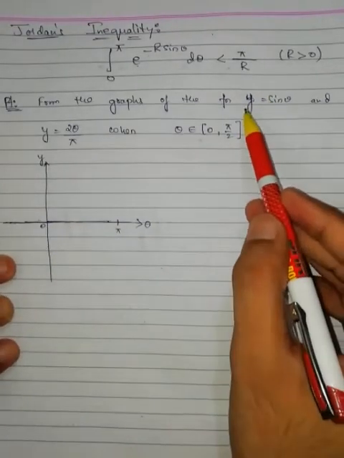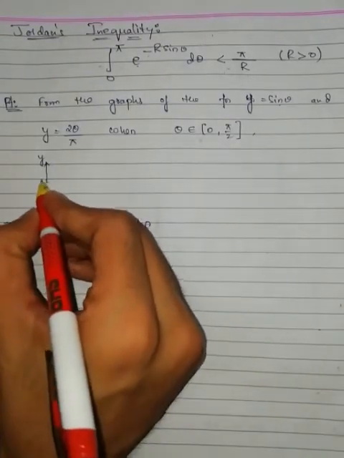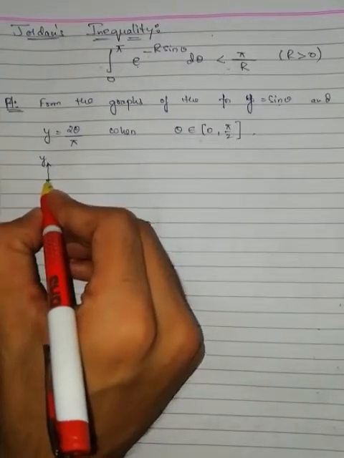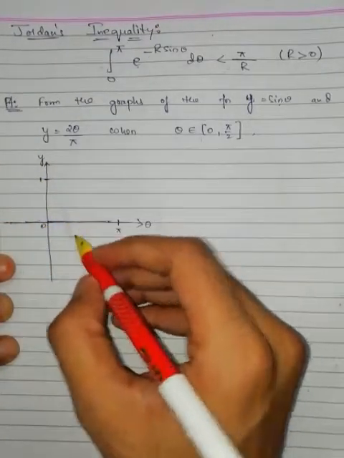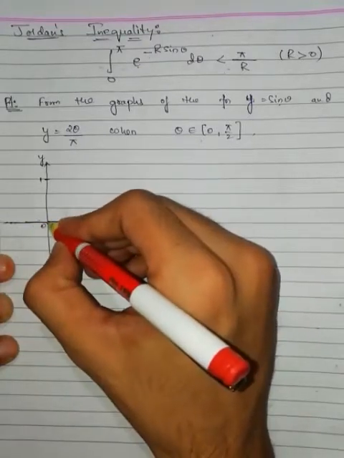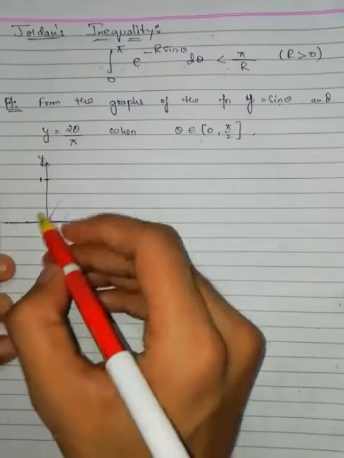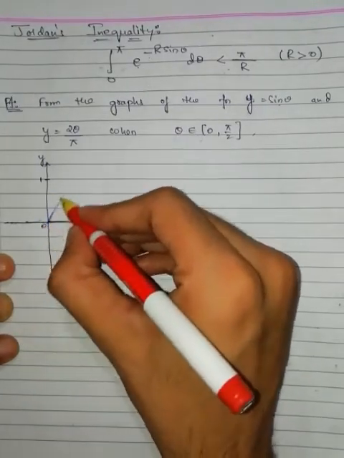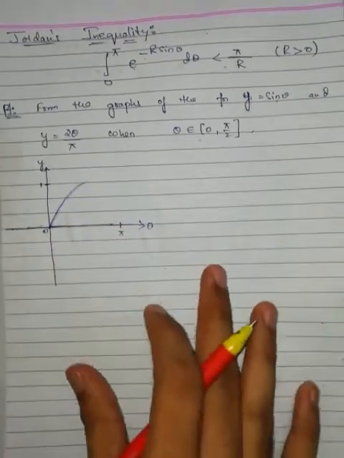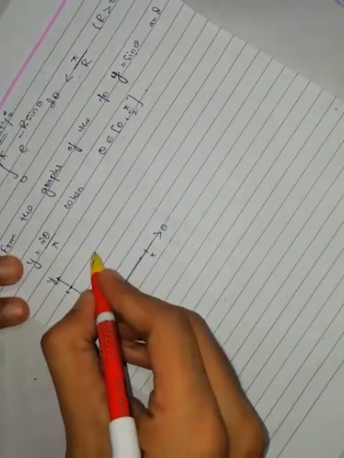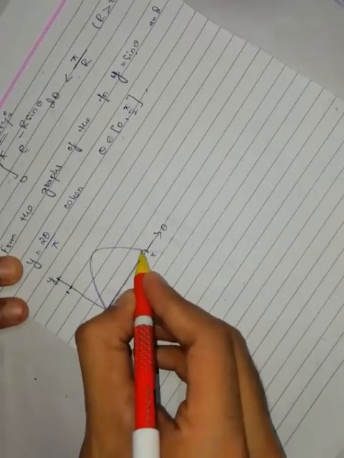Now, graph of sin theta. Let us take this one is 1. Graph of sin theta will be like this.